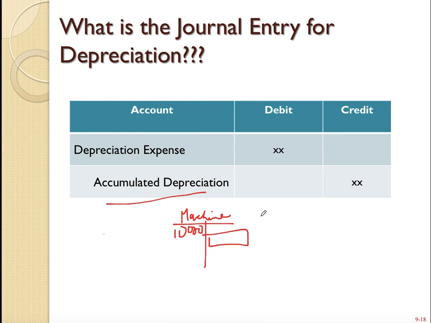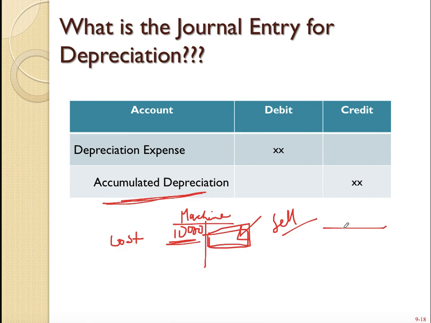The only reason we would ever credit this asset account is when we go to sell it. And like I said, we'll talk about that later on in class. But we don't want to actually credit machine. So this machine always has to be at cost. Otherwise we don't touch that account. Instead, we use this accumulated depreciation account, which is a contra asset.